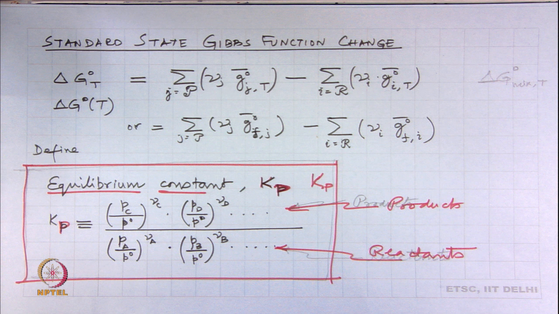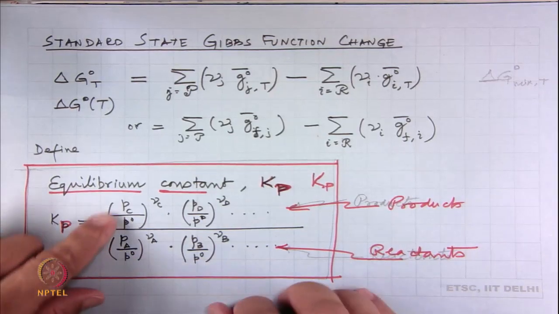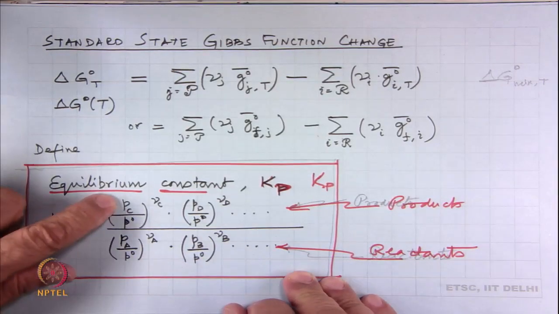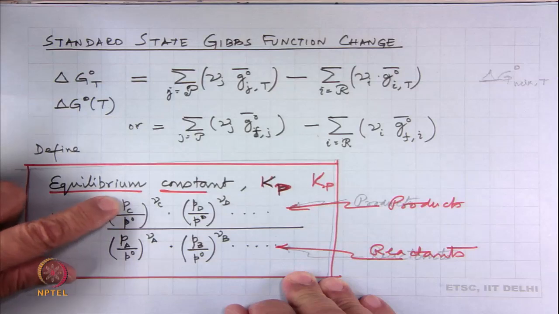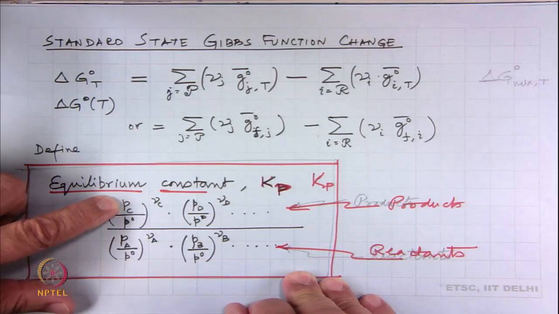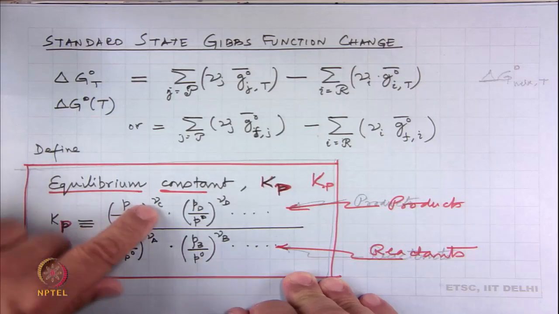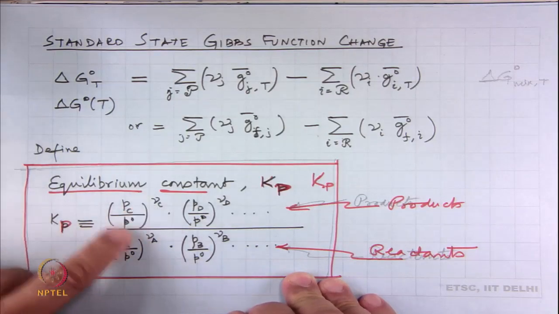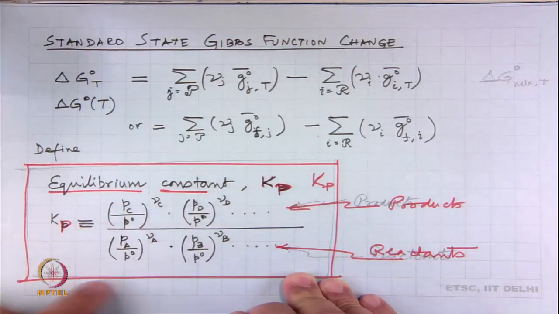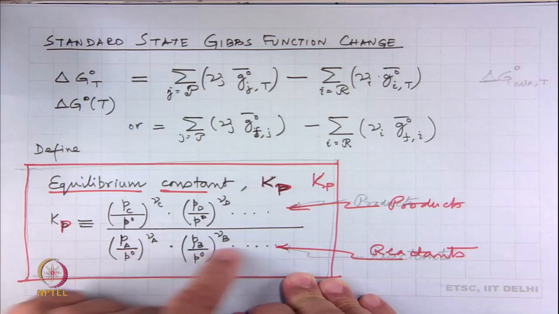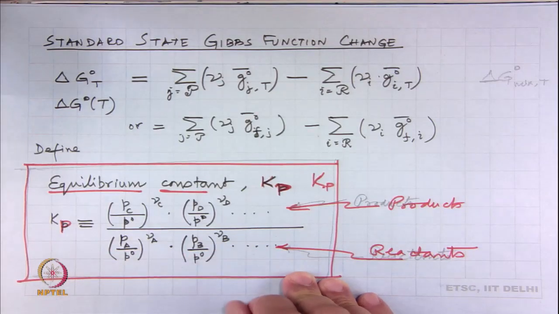So, to recap, we derived the equilibrium constant as K p, which is a product of the partial pressures of the reactant species and the product species, over the standard pressure, raised to the power of their stoichiometric coefficients. So, C, D, E, F, all these would be product species, and in the denominator would be A, B, C, D, which are the reactant species.